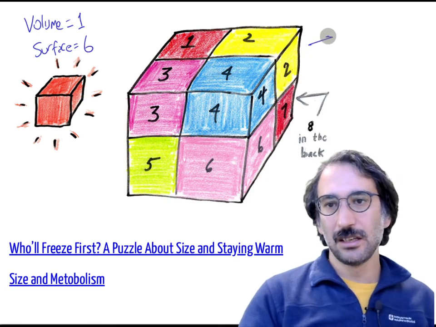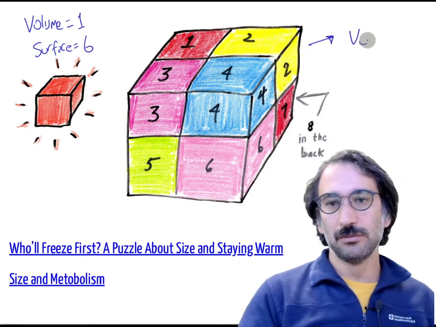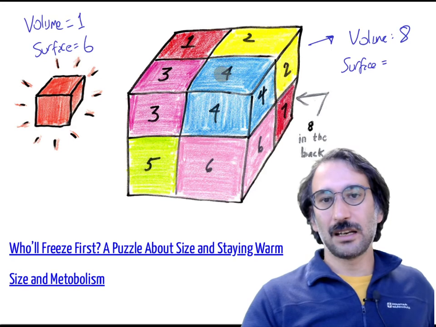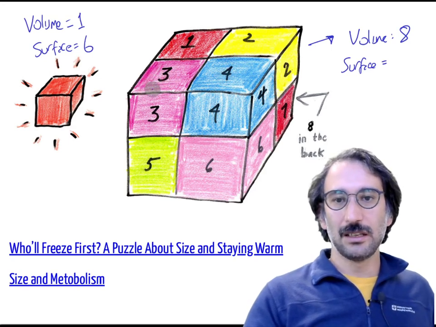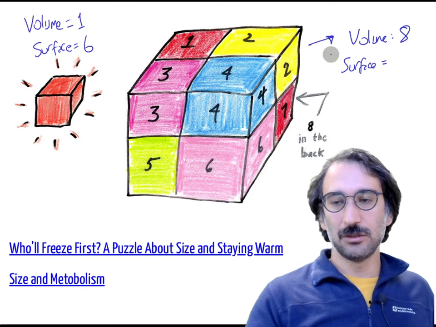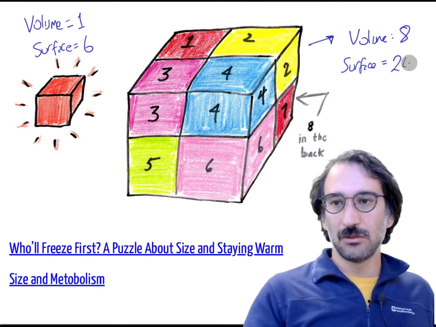And here you can see the volume has increased to 8, because now I have 8 cubes. But the surface area: you have 2 by 2, so 4 per face, and on 6 faces, it is 24.